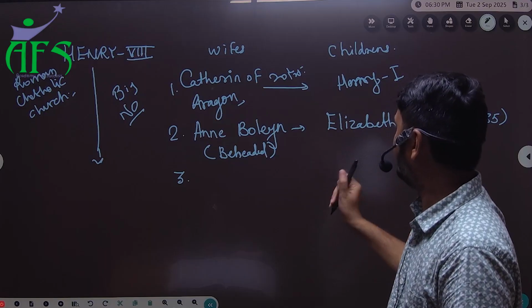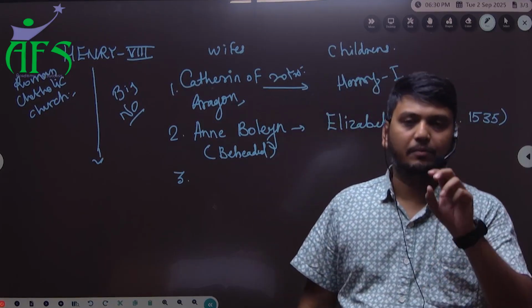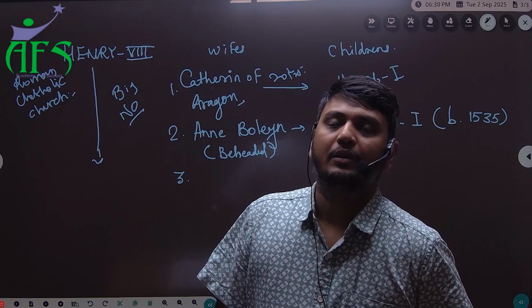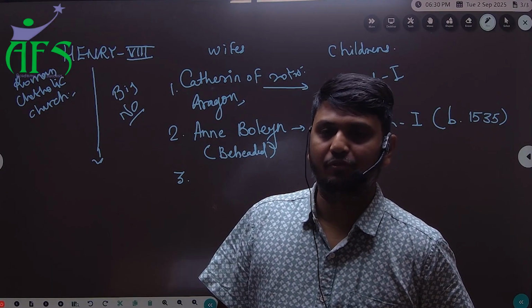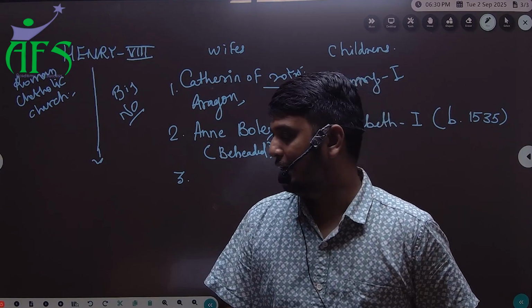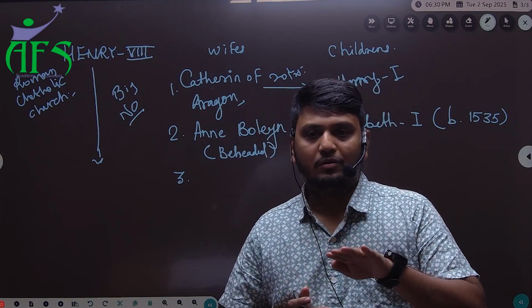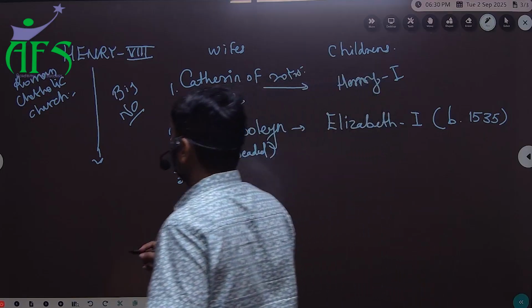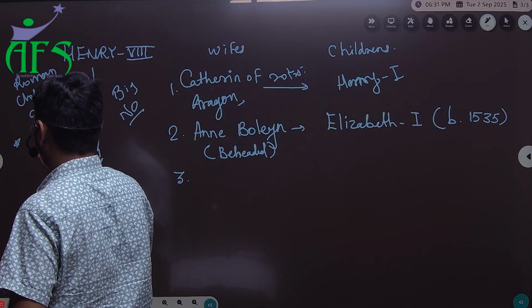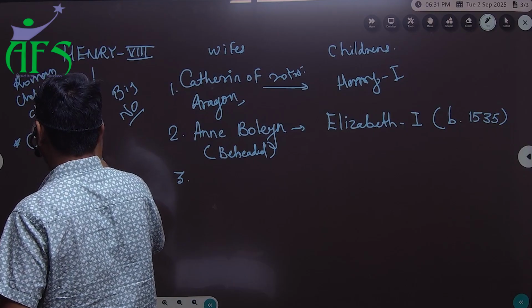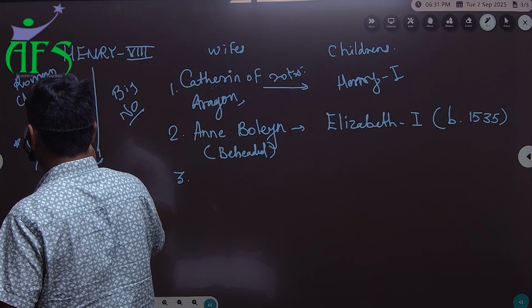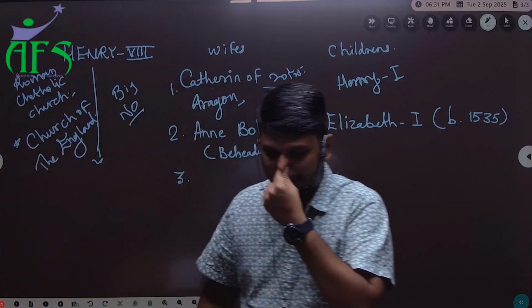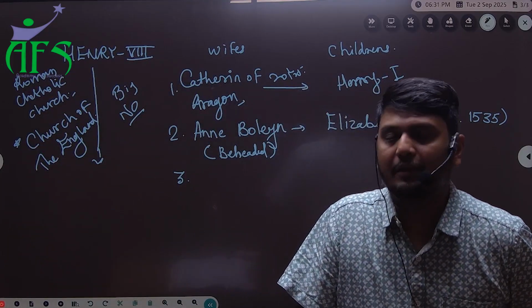So when we talk about this one, the Roman Catholic Church said a big no to this divorce, and that's why Henry the Eighth became furious. He decided to set aside the Roman Catholic Church, and he came into the picture with a new kind of church that is called the Church of England.